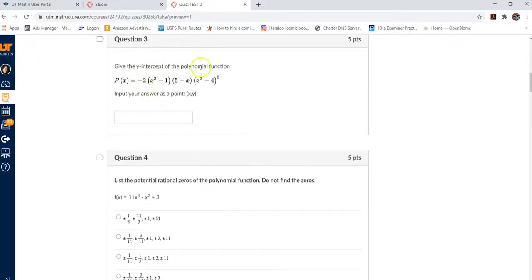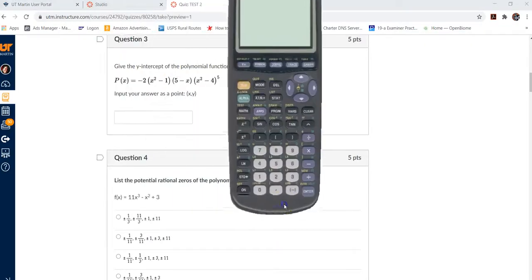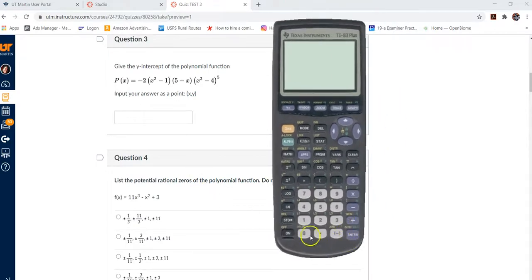All right, give the y-intercept of the polynomial function. Okay, well, the y-intercept is found when you evaluate the function at 0. So I'm going to take this and I'm going to plug in 0 everywhere I see an x.